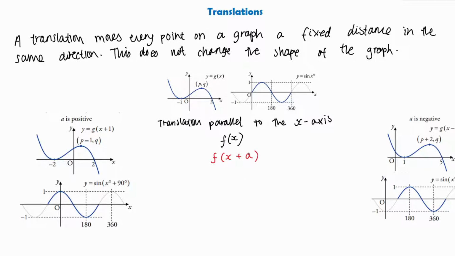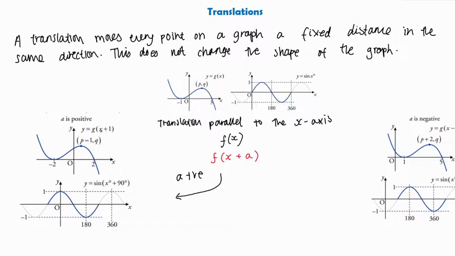So in this case, let's take a look where a is positive. Well, it simply shifts the graph left. So you might think it would shift it right, but it simply shifts the graph parallel to the x-axis. So every x coordinate will be changing by the value a.